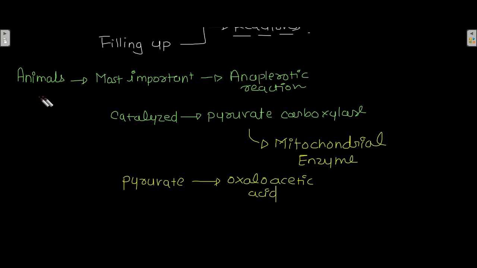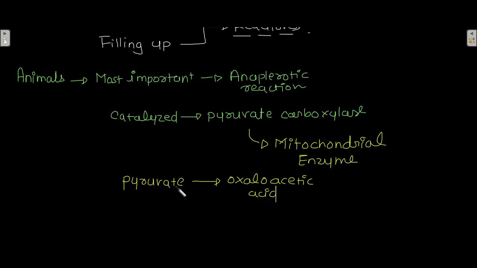Now, in animals, the most important anaplerotic reaction is catalyzed by an enzyme known as pyruvate carboxylase, which is a mitochondrial enzyme, and it catalyzes the conversion of pyruvate into oxaloacetic acid.